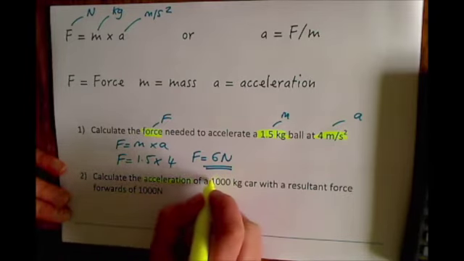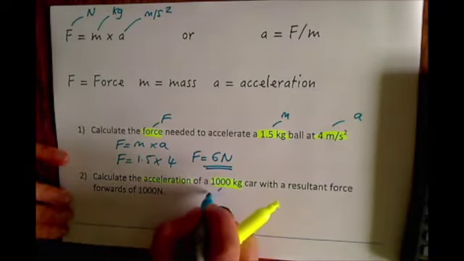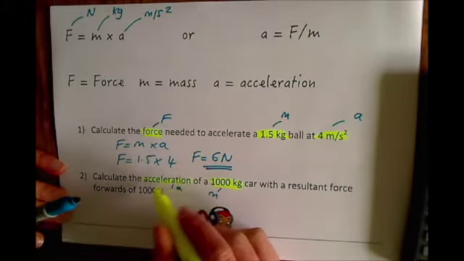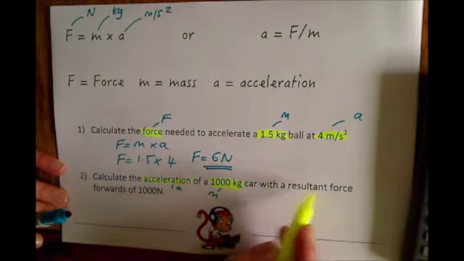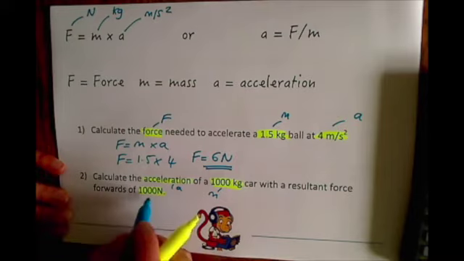Okay. The second question below, it says calculate the acceleration of a 1000 kilogram car. So here we've got mass, and we need to calculate acceleration, with a resultant force forwards of 1000 newtons.